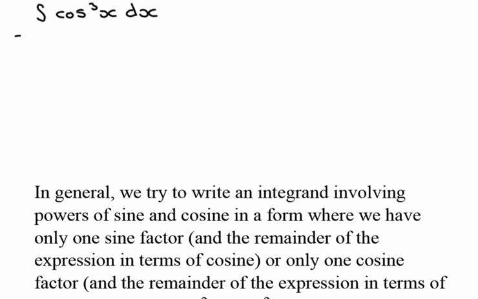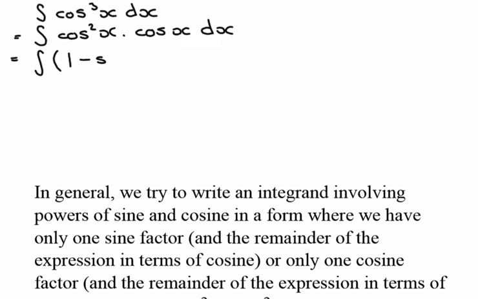We want to see a sine factor, so we're going to split up that cos cubed x into cos squared x, so we can use the identity, times cos x, with respect to x. Now we can replace that cos squared x with 1 minus sine squared x from our identity. Remember to keep it in brackets, because if you leave out the brackets, you're going to change the order of operations in the question.